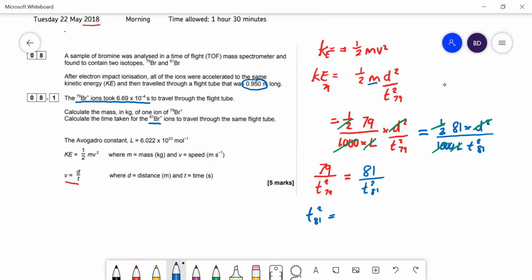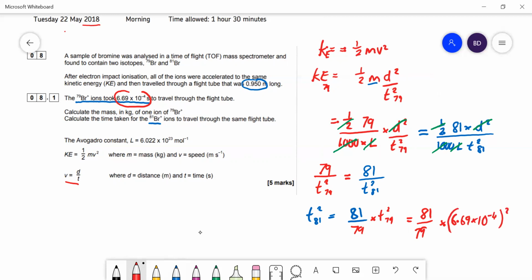So that's going to be equal to 81 over 79 multiplied by the time taken for the 79. Let's put the numbers in there. So 81 over 79 multiplied by the time for the 79 ion, that's 6.69 times 10 to the minus 4, and we've got to square that.